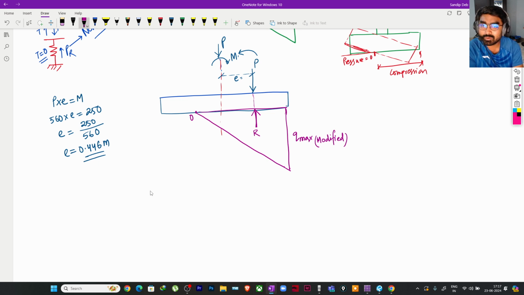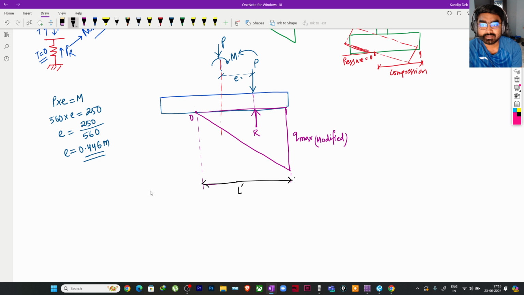So we can find out in two different ways. See, what we need is this L. So basically we are doing the back calculation to find out this L, right? Suppose we call this my modified length, or effective width of the foundation on which the pressure is acting. The total width is L, so this is my L dash, right?